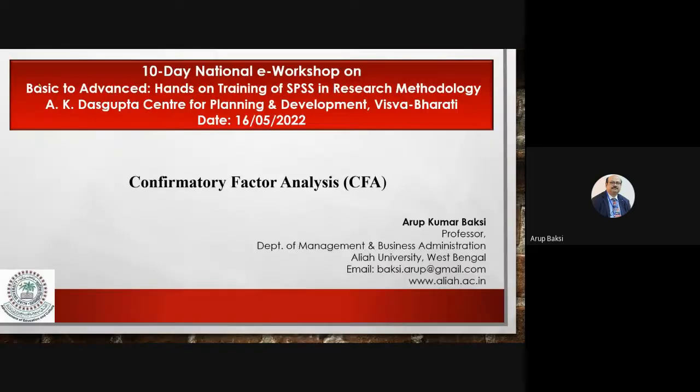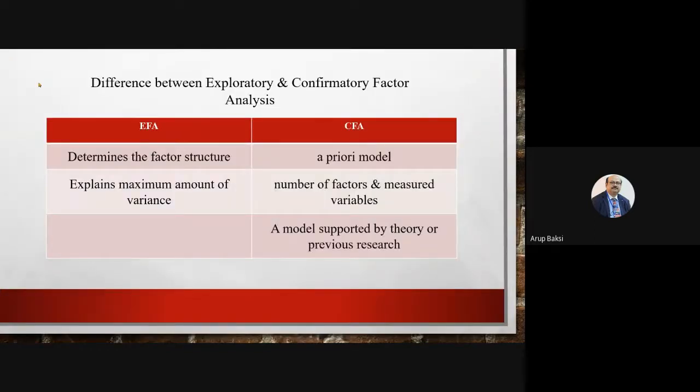Fine. So let us first try to understand what exactly is the difference between an EFA and a CFA, having understood certain preliminary facts about EFA. What EFA does is determine the underlying factor structure, which is not evident and not revealed to the researcher when starting the research.